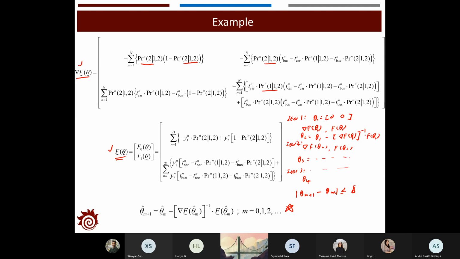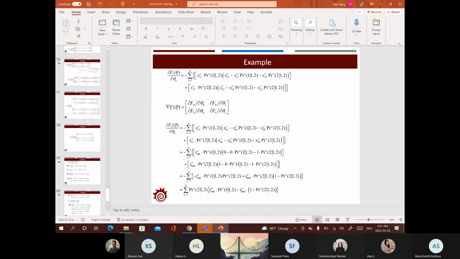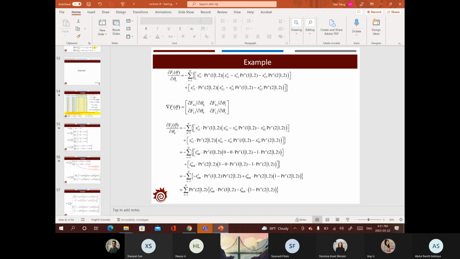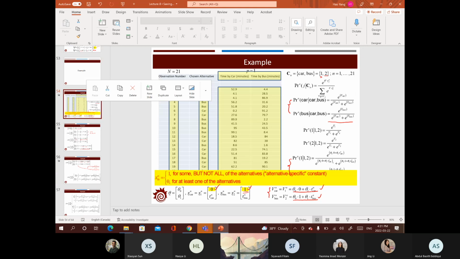I hope we can come back to go through the whole process by yourself. Actually, for the last homework, there's one problem similar to this example.